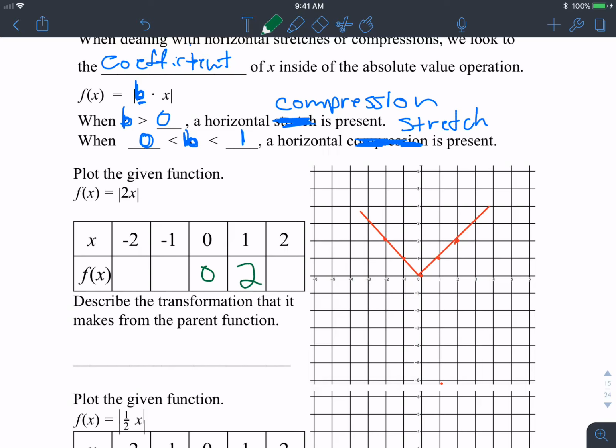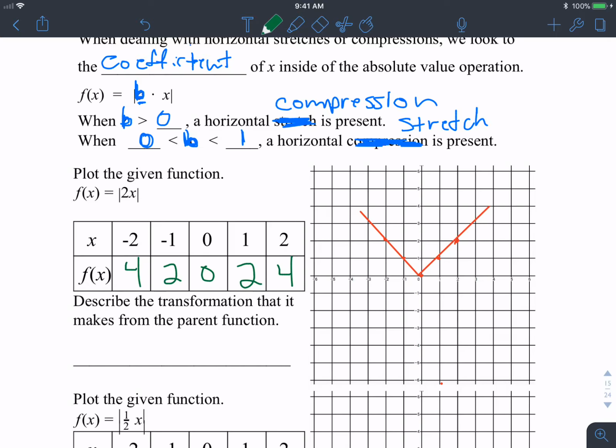We put in 2 for x, we get 2 times 2, which is 4, and the absolute value of 4 is just 4. If we put in negative 1 for x, we get negative 1 times 2, which is negative 2, and the absolute value of negative 2 is just 2. And if we put in negative 2 for x, we get negative 2 times 2, which is negative 4, and the absolute value of negative 4 is just 4.